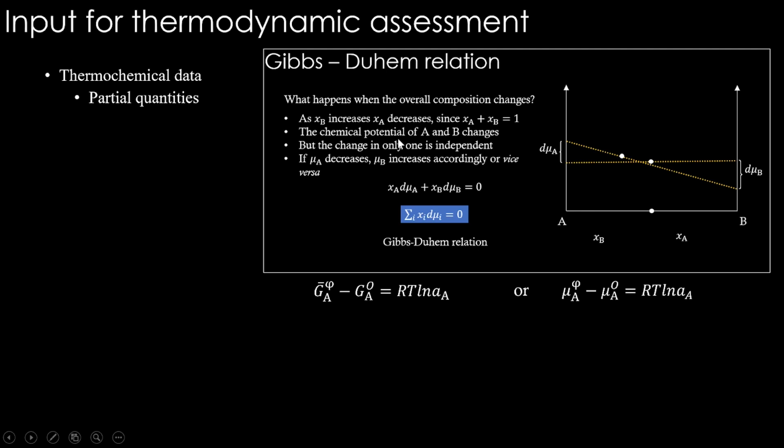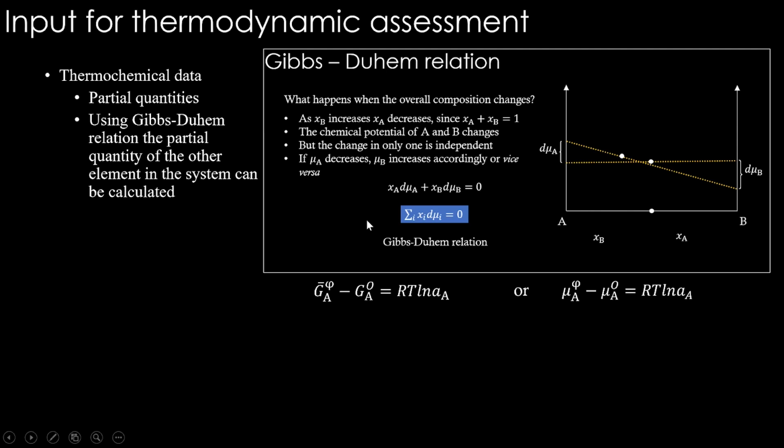The chemical potential of A and B change when the overall composition changes, but the change in only one is independent. If mu A decreases, mu B increases accordingly, or vice versa. So that's what the Gibbs-Duhem relation told us. We can use this relation and figure out the chemical potential or partial molar quantities of the other element. Using the Gibbs-Duhem relation, the partial quantity of the other element in the system can be calculated.